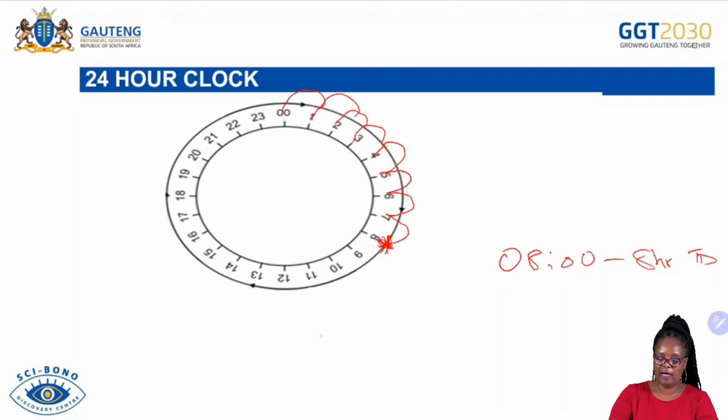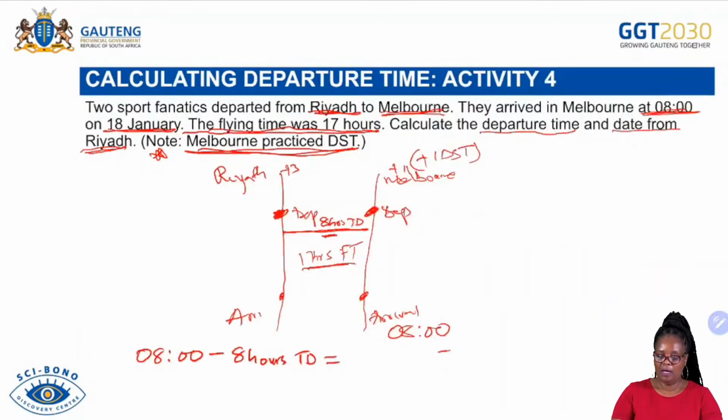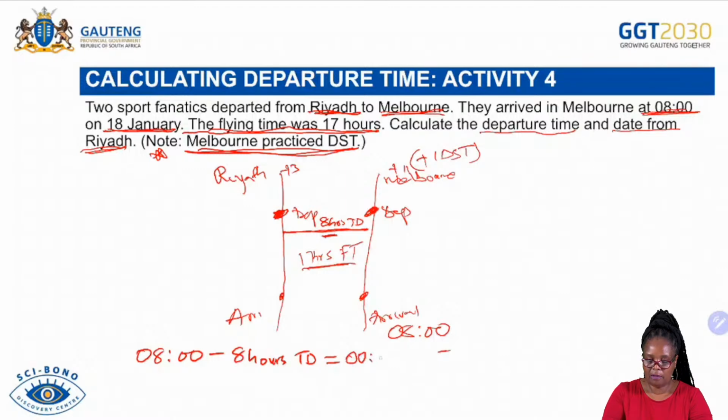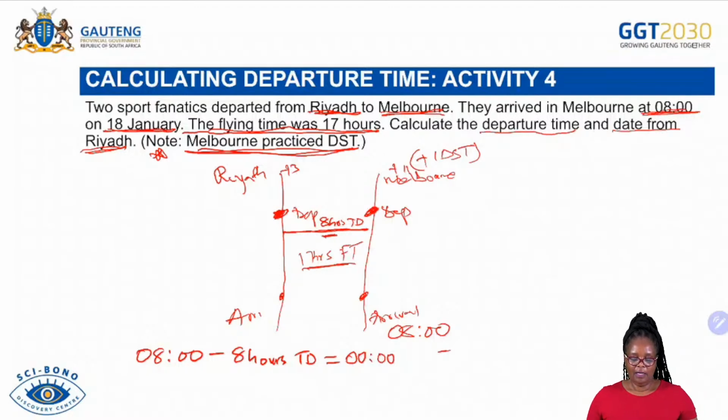So we arrive at midnight. Let's go back to our calculations. The answer here will be 0000 hours. There it is, 0000 hours.